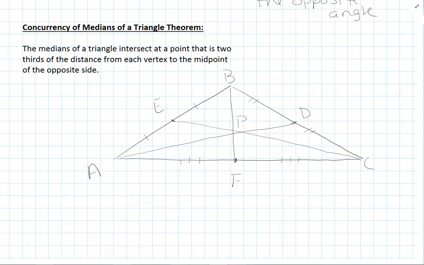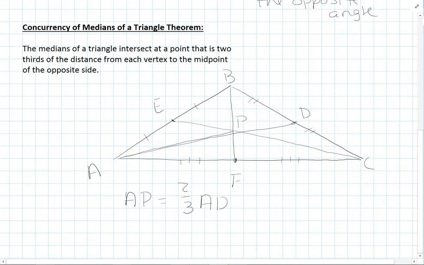So what we're saying is the length of line segment AP, notice, goes from here to the centroid, is equal to 2/3 of the length of the whole median.